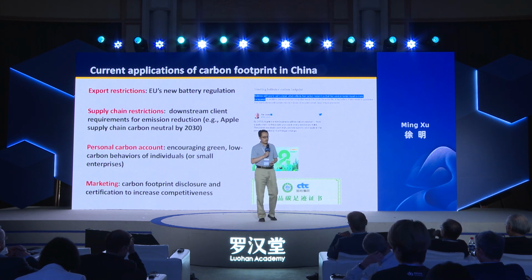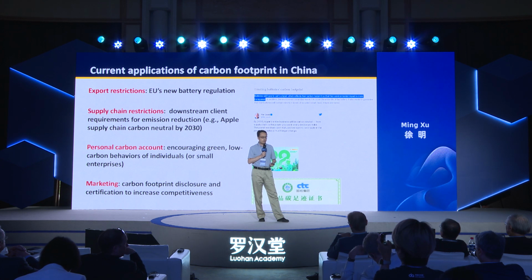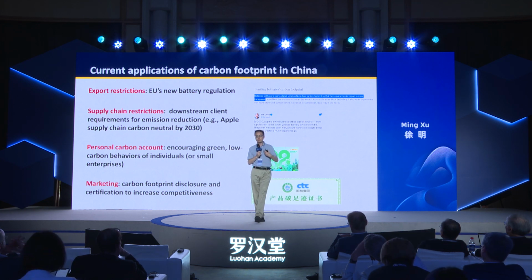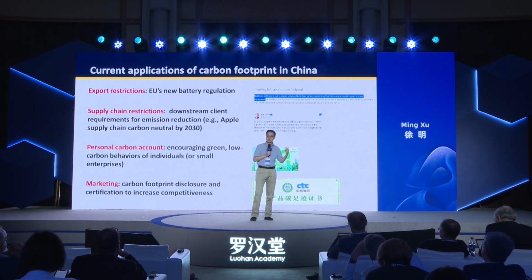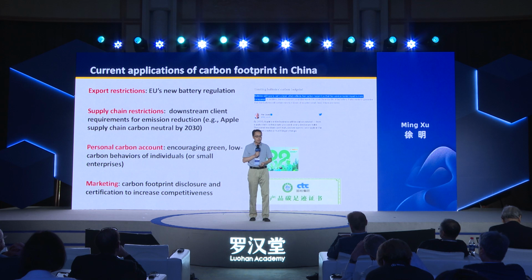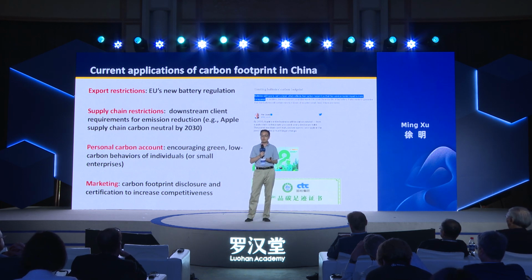The third is the personal carbon account, and a very good example is from Alibaba, the 88 account. If you sign up for that account, you spend your money on various Alibaba platforms like Ele.me, as we heard earlier. If you choose, the platform will recommend some low carbon options.